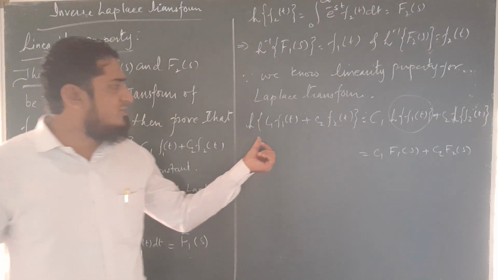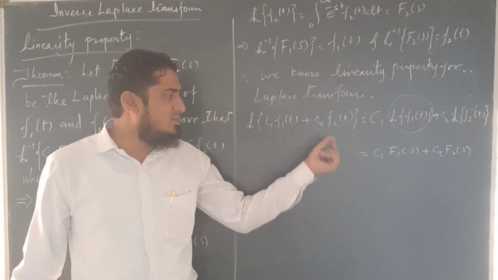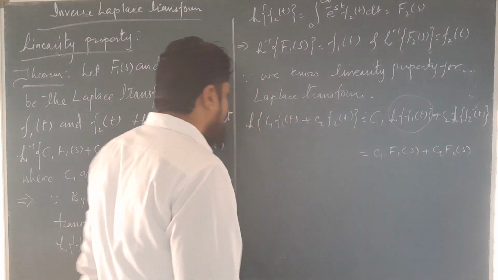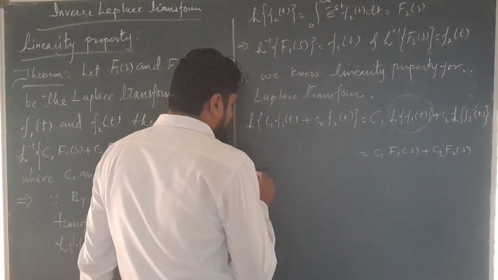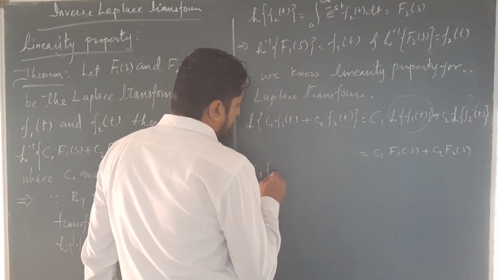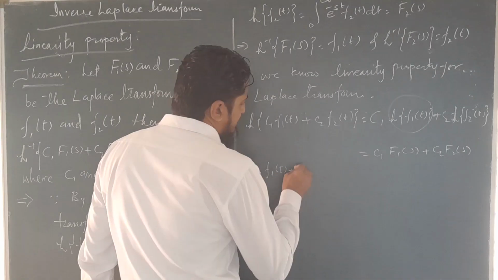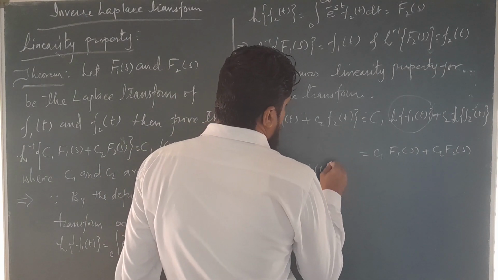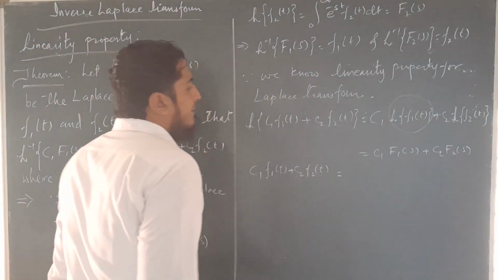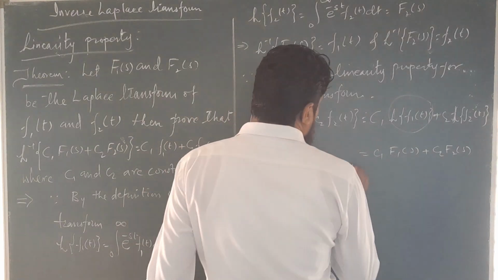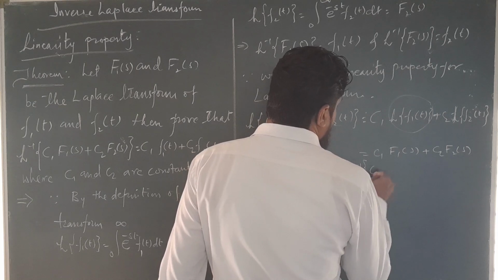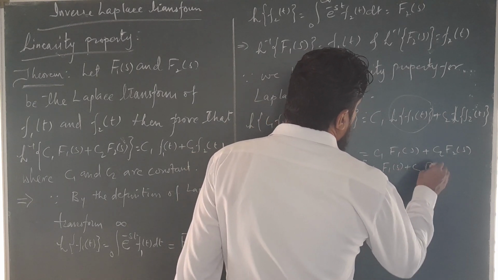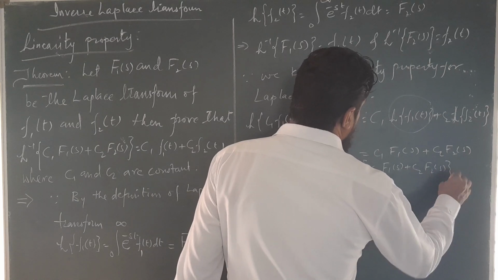So the Laplace transform of c1 f1 of t plus c2 f2 of t is equal to c1 f1 of s plus c2 f2 of s. Now applying the inverse Laplace transform, we get c1 f1 of t plus c2 f2 of t is equal to the inverse Laplace transform of c1 f1 of s plus c2 f2 of s.